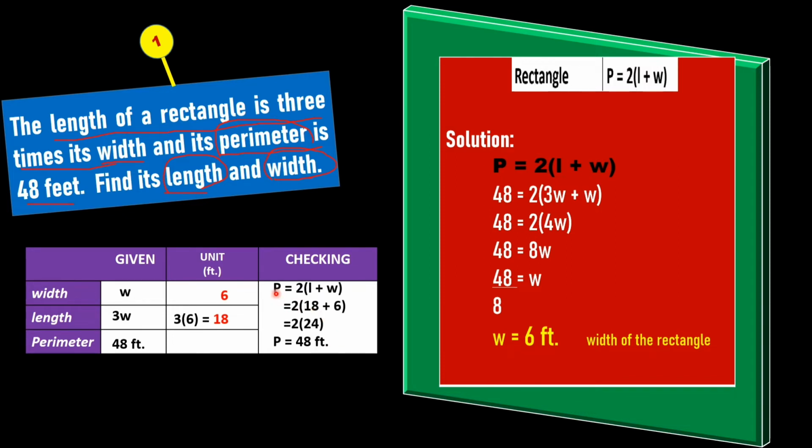So to check, P is equals to 2 times the quantity of L plus W. Our length is 18, width is 6. So 18 plus 6 is 24. 2 times 24 is 48 feet. So this is correct because the perimeter is 48 feet.